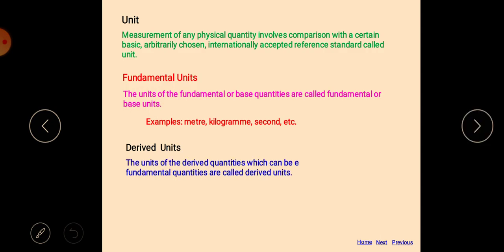Then derived units, the units of the derived quantities which can be expressed from the base or fundamental quantities are called derived units. And as these are the units of derived quantities, definitely examples are meter per second, kilogram per meter cube, kilogram meter per second square. There are certain quantities and these units belong to those quantities.